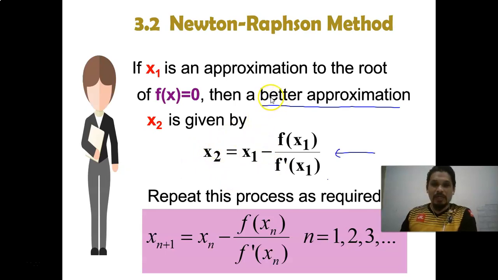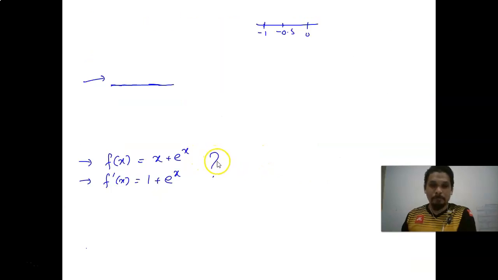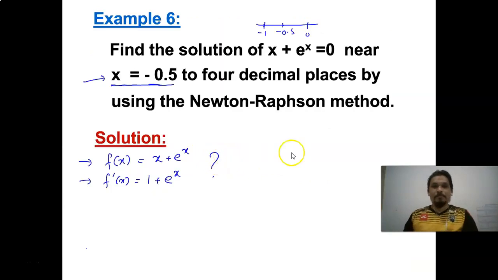Because we are going to find a better approximation from the initial value of x, which is x2 equal to x1 minus f of x1 divided by f prime of x1. We substitute x1 into f of x and also f prime of x to get the value of x2. And now our starting point is x0 equal to negative 0.5.